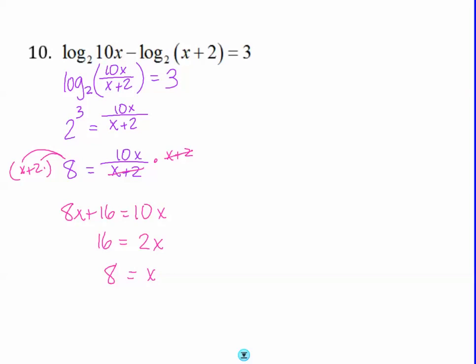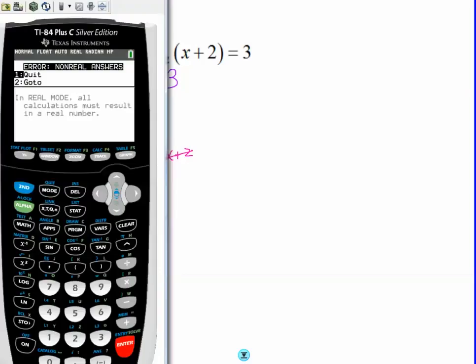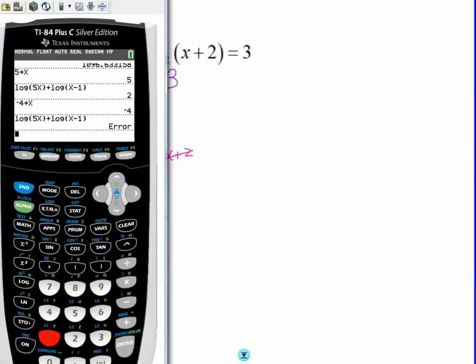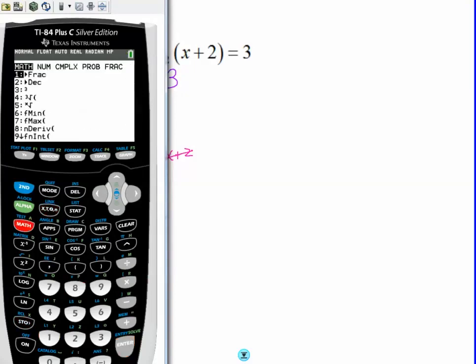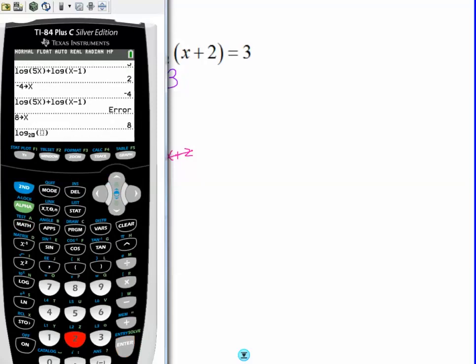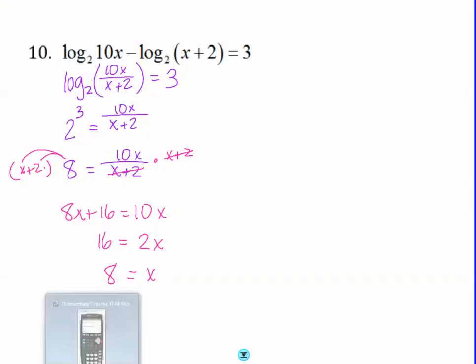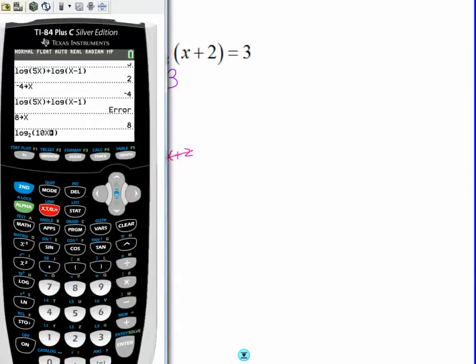But let me double check and see if this works. So if I have 8 store for x, then I do log base 2 of 10x minus log base 2 of x plus 2.